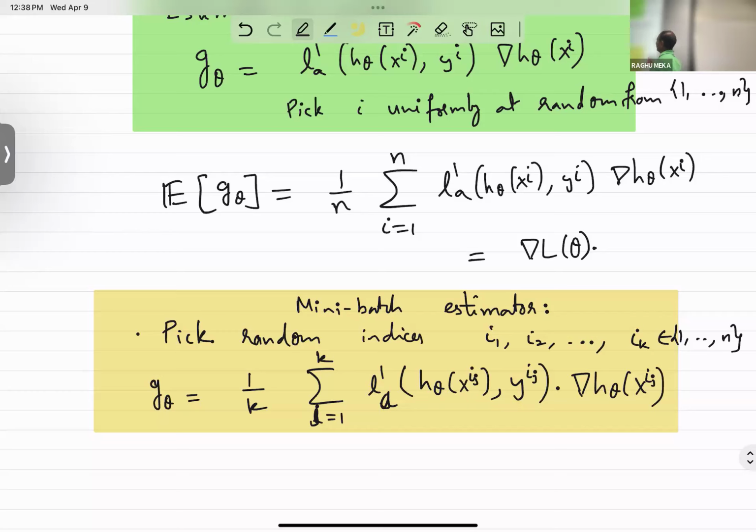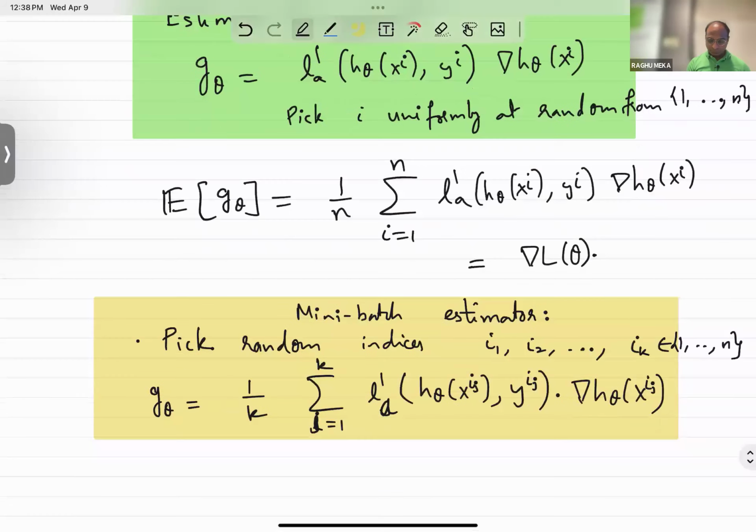Right, so just pick k random points, compute this quantity at k different points and average. Yes, as k increases, your cost is increasing, but intuitively your estimator should be getting better and better.